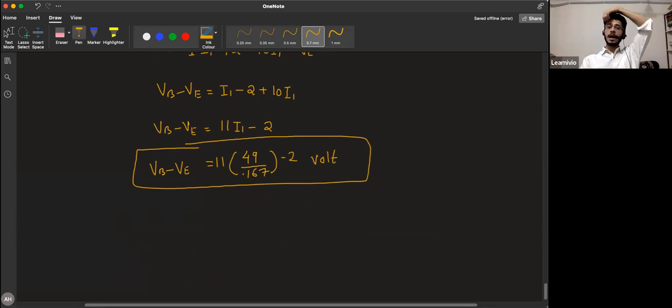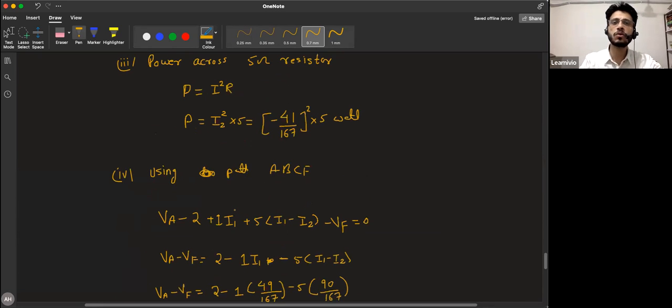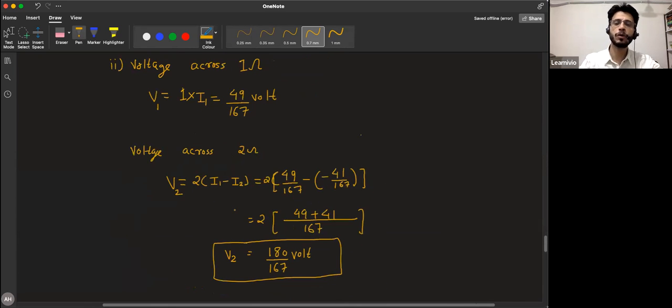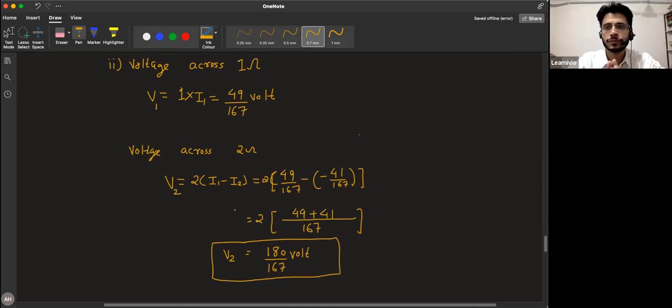So these are the quantities that one can ask you to calculate in a circuit using Kirchhoff law. Start writing and tell me if you have doubt in any part. Clear all parts? Yes, sir. Kinza? Yes, sir.